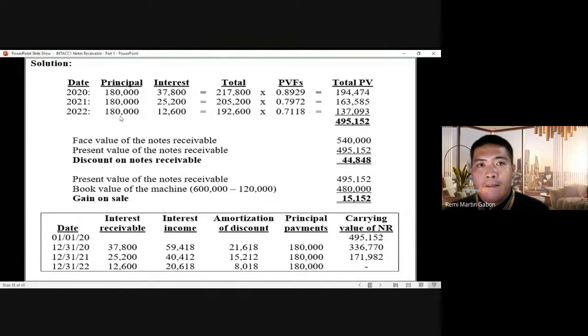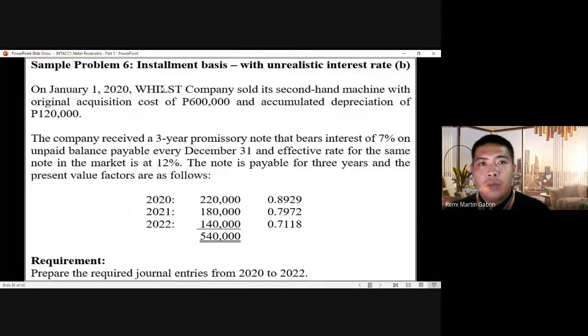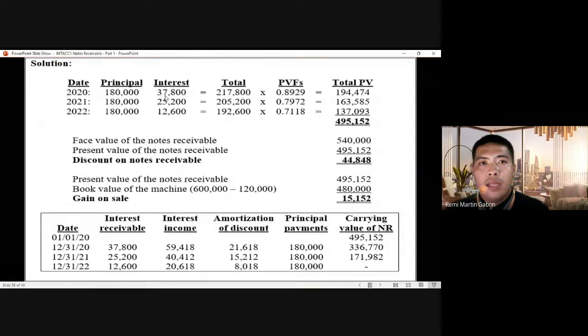Ito yan. Next is 25,200. 25,200 is computed as 540,000 minus the first payment of 180.